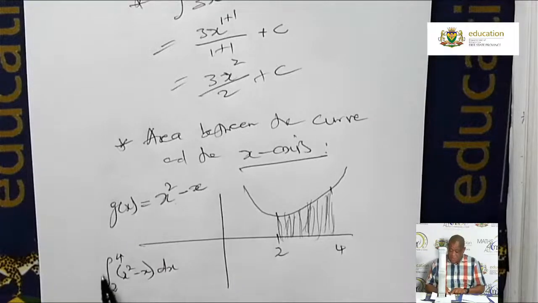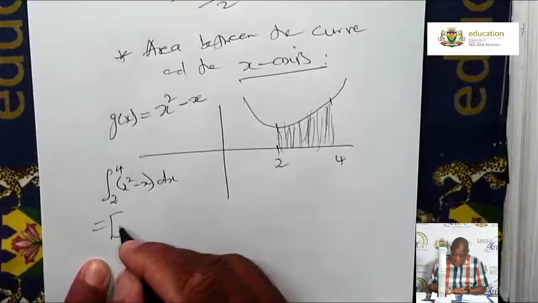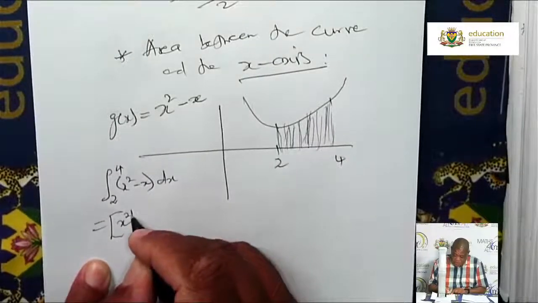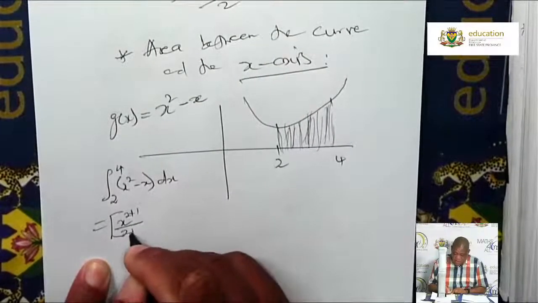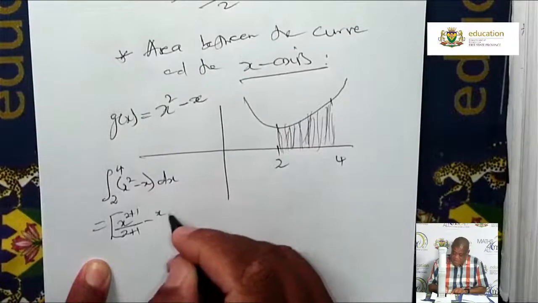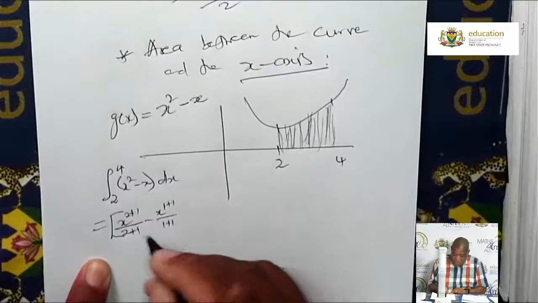To do that, we would then have to integrate this. When we integrate it, it's going to give us x to power 2 plus 1 over 2 plus 1, minus x to power 1 plus 1 over 1 plus 1.